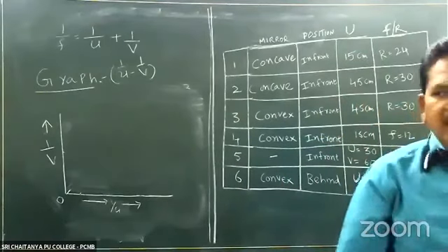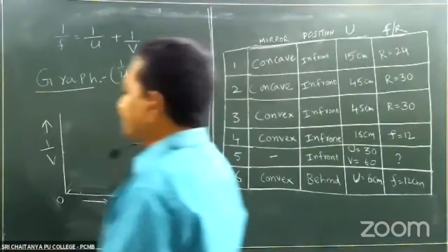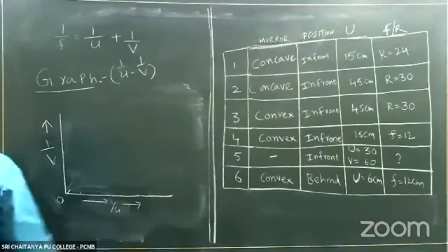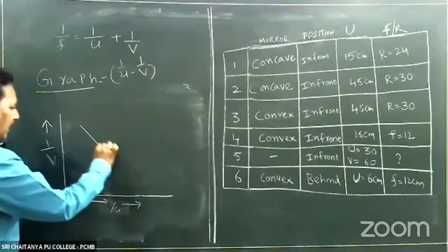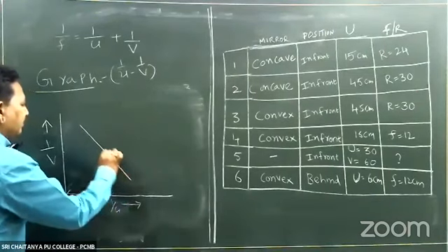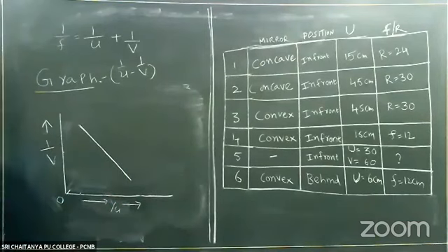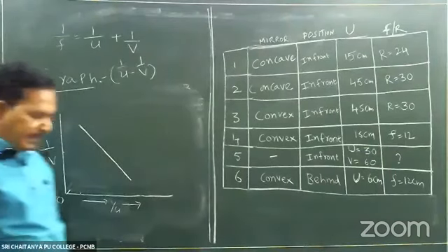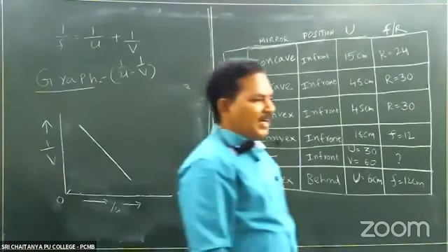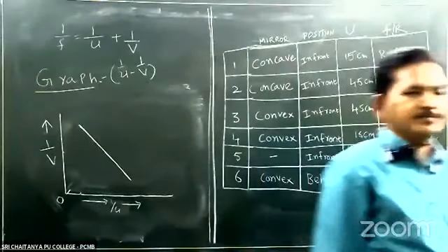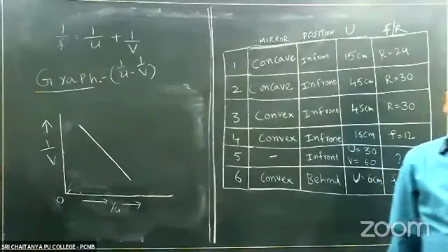The nature of the graph is an inclined straight line with negative slope. Negative slope means the angle made by the given line with the x-axis is an obtuse angle, greater than 90 and less than 180.